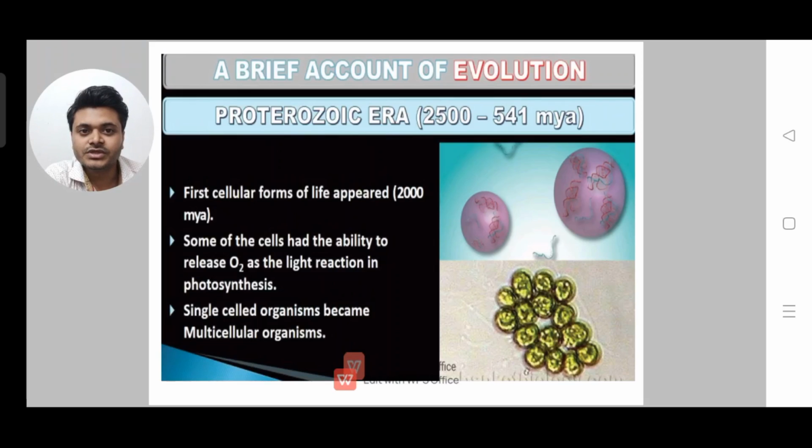Some of the cells had the ability to release oxygen as the light reaction in photosynthesis. And single celled organisms became multicellular.